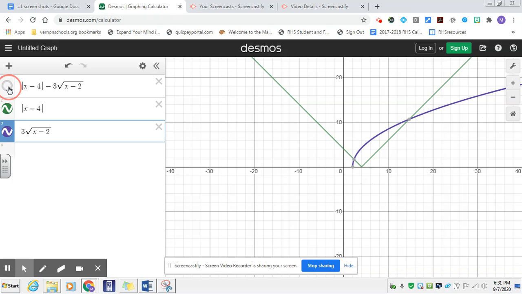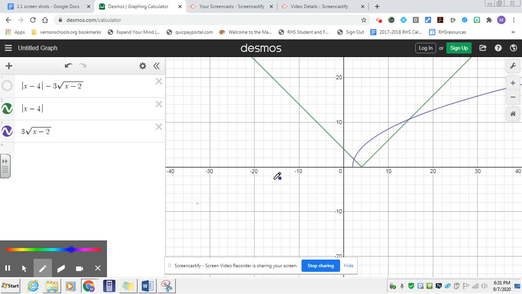It does not let me change the color. Well, I'm going to hide this one for now, so we're not looking at it. And you look here, I cross here at 2.315 and again at 14.685. So again, your x's here gave us the same number. So the x's of these values are what you get when you set them equal.